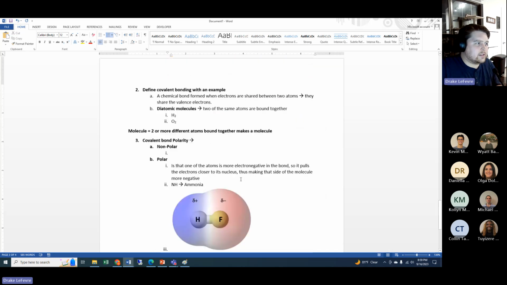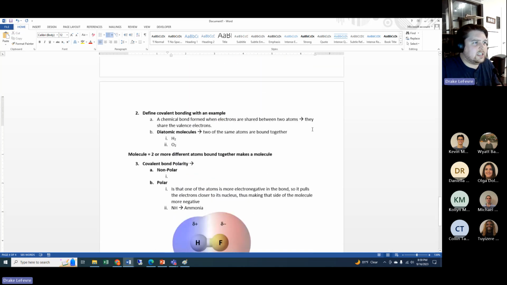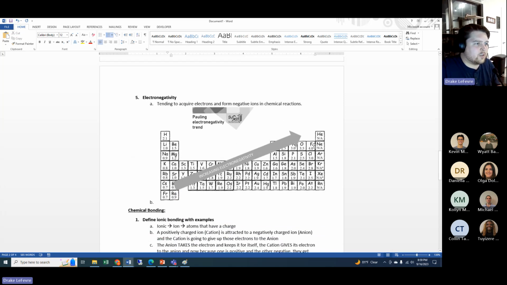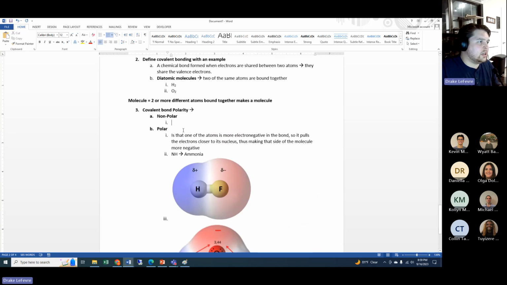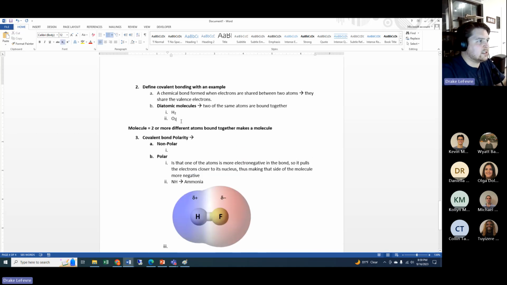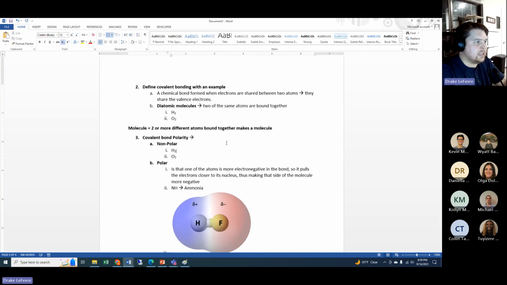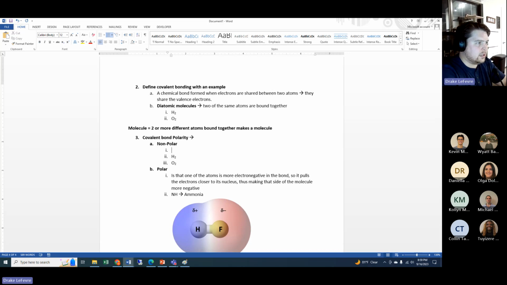You need to recognize that if you see something with hydrogen or sodium or potassium, and then oxygen or fluorine or chlorine, most of what you will see will be polar. The ones that are typically non-polar are these diatomic molecules, where everything is split evenly and the sharing of the electrons is perfectly balanced.